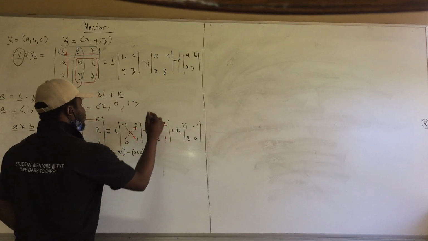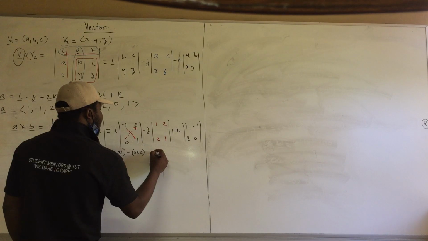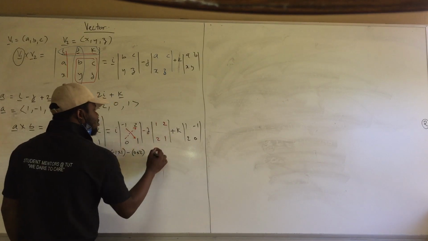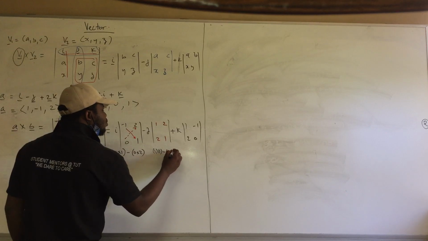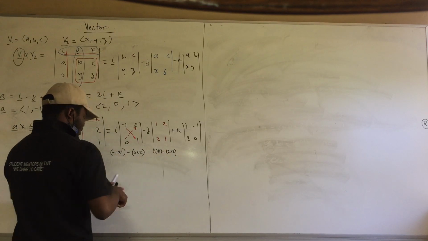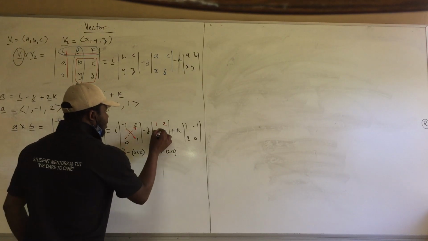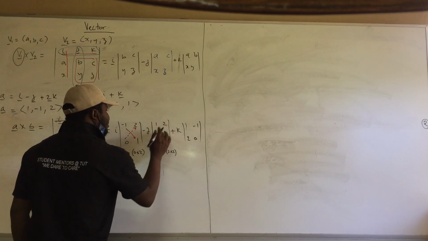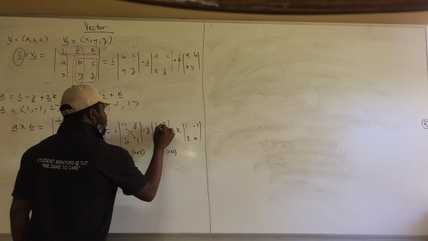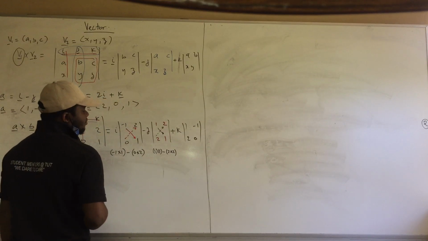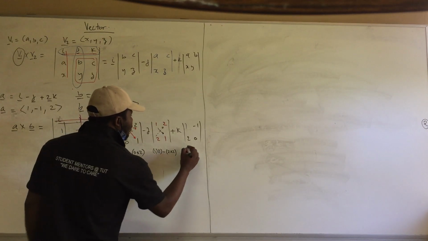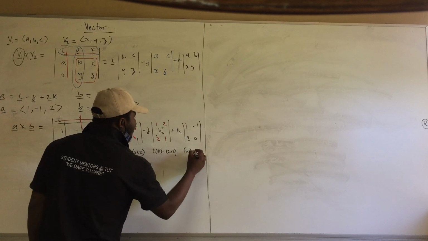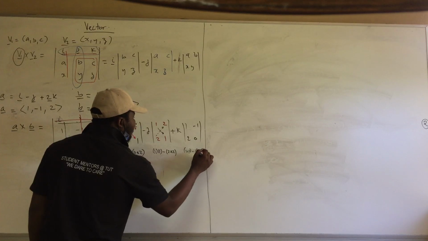This side gives 1 times 1 minus 2 times 2. When you go down, it's multiplication; when you go up, it's negative. And then minus, this one gives 1 times 0 minus 2 times minus 1.